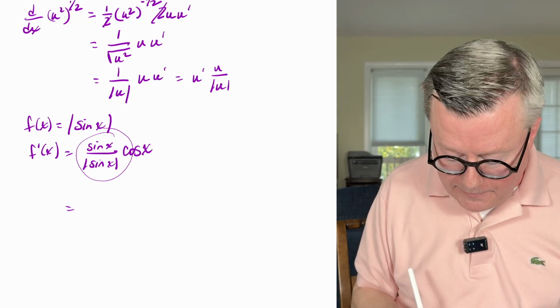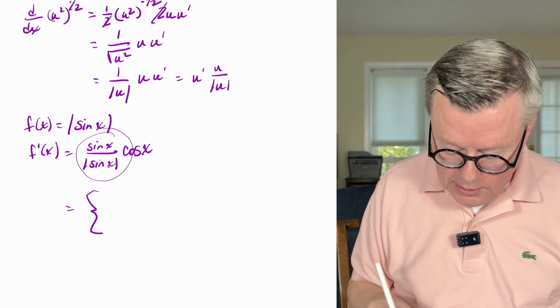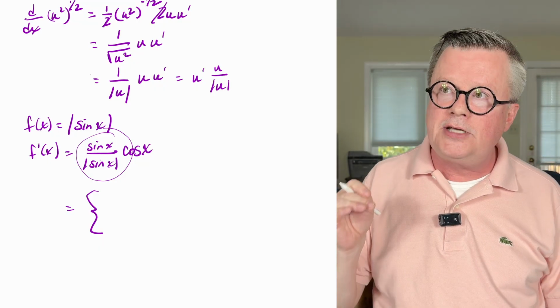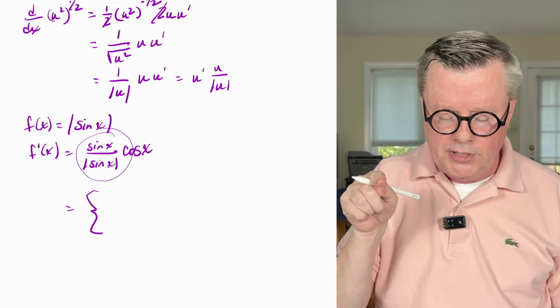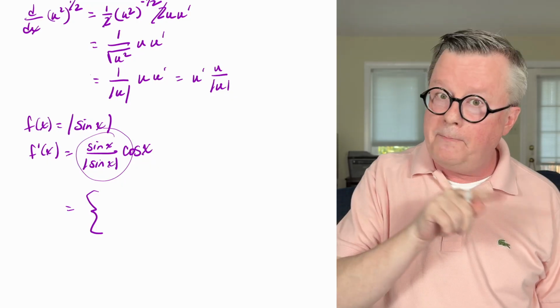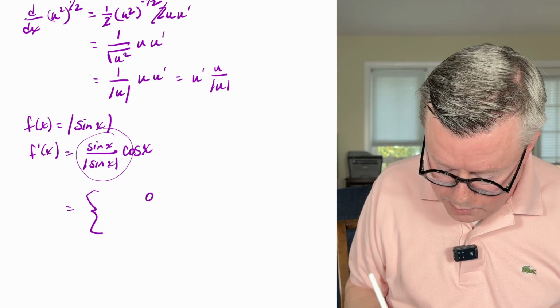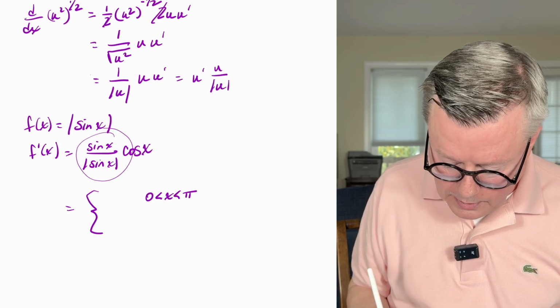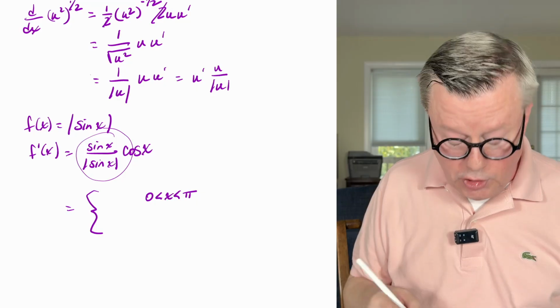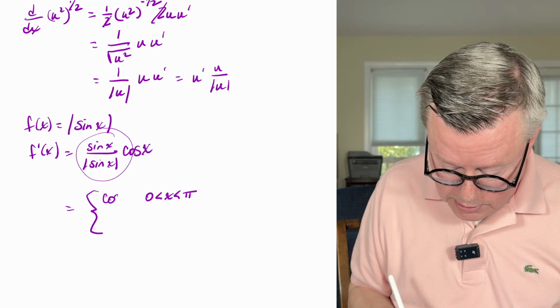All right, well, it's going to be positive when, let's see, when is sine positive? Thinking about my unit circle, sine is positive between 0 and pi, right? So between 0 and pi, the thing I have circled is positive, so this is just going to be cosine of x.